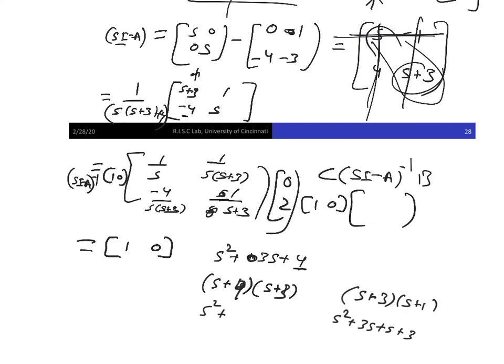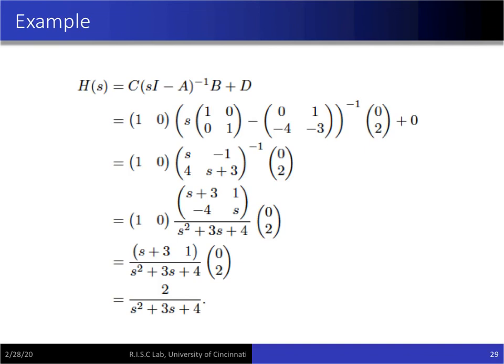Is there a chance that you forgot it? Because if it was S squared plus 3S minus 4, that would be easier. What about, no. Let's just see the answer. Right now I'm blank here.